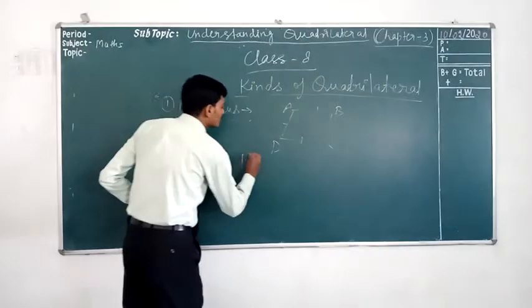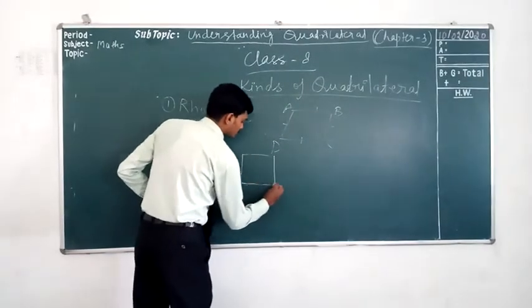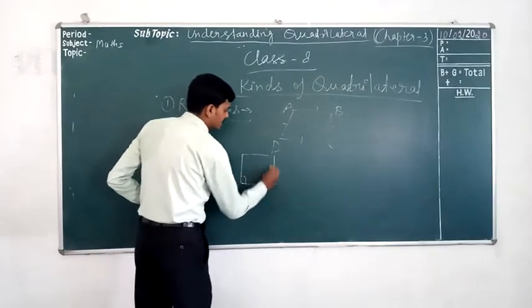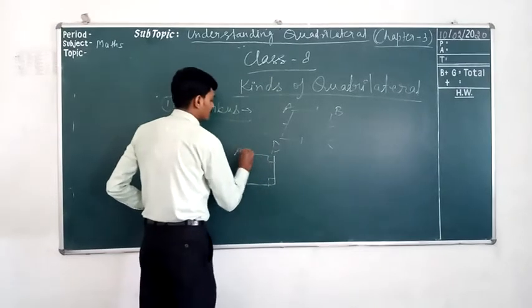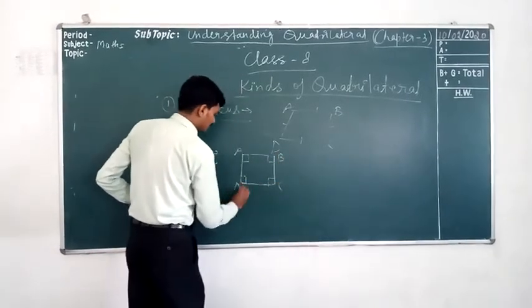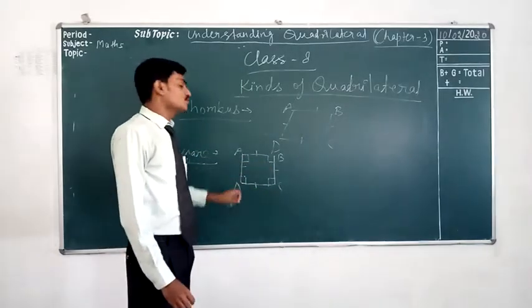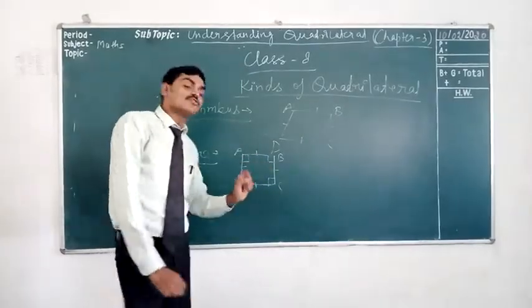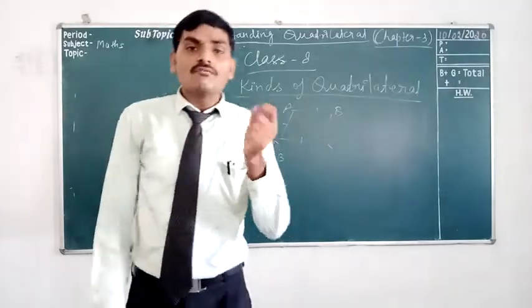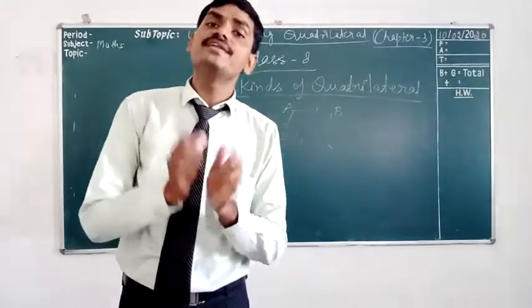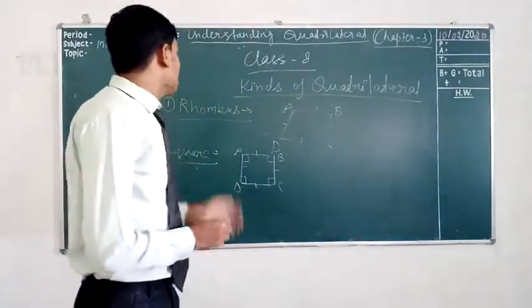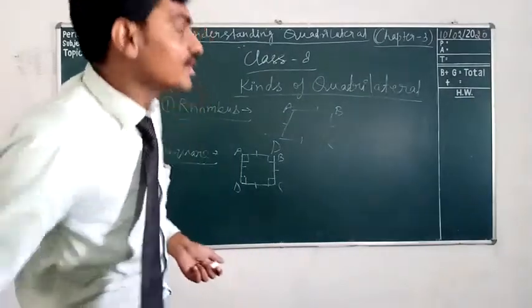So this is the square. Each angle is 90 degrees, and for A, B, C, D, AB equals BC equals CD equals AD. So all four sides are equal and all four interior angles are 90 degrees. This is the square.